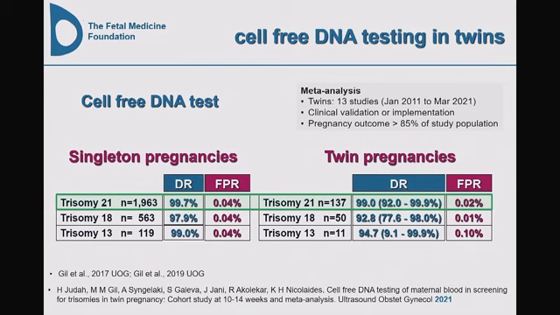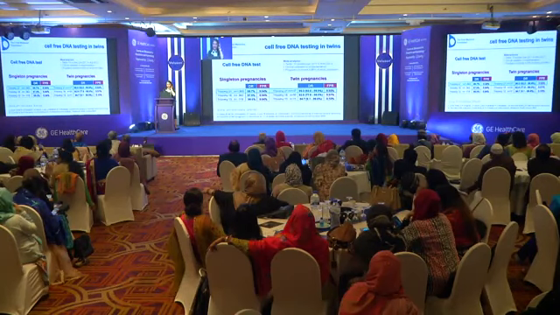This is a meta-analysis that has been published by my good friend Mark Gill together with Professor Nicolaides. They summarized 13 studies on the use of cell-free DNA testing in twins.